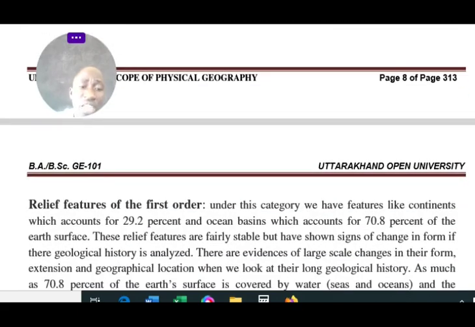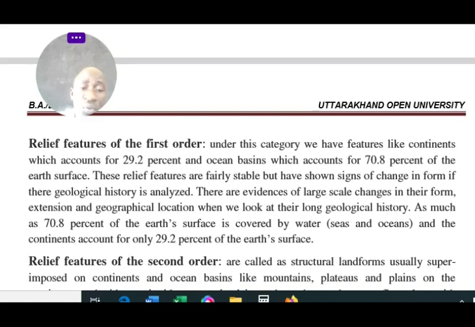In terms of the nature and scope of physical geography, we usually talk about the first order, the relief of the first order. This one mainly deals with continents, which account for around 29.2%, and ocean basins, which account for about 70.8% of the Earth's surface.